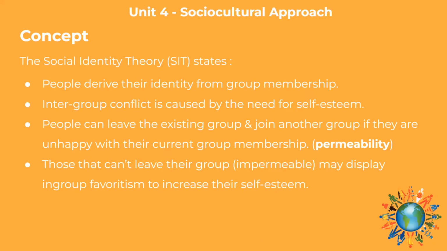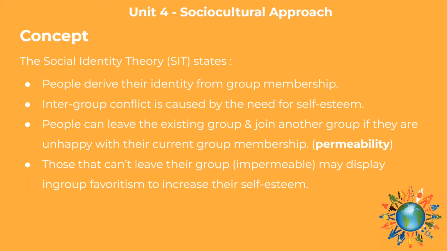So here are some components of the social identity theory. This theory states that people derive their identity from their group membership, and that's why people tend to associate themselves with positive rather than negative groups, because a positive group gives them a better sense of identity and makes them want to associate with it more than a group that has no success.